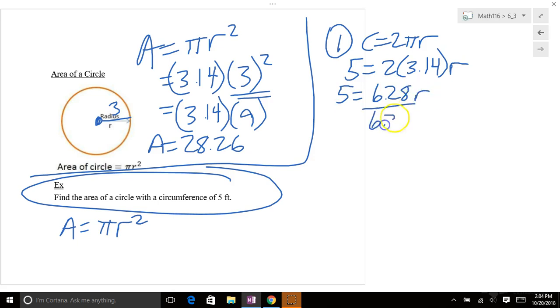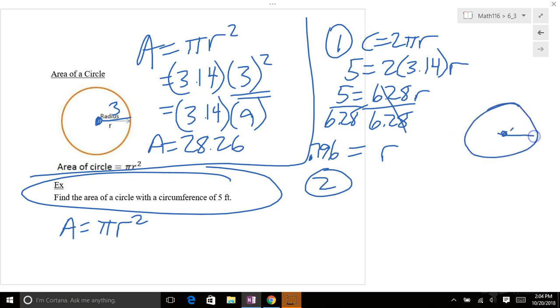So divide by 6.28 on both sides here. So our radius ends up being 0.796. And now that we have the radius of the circle, the radius is 0.796.